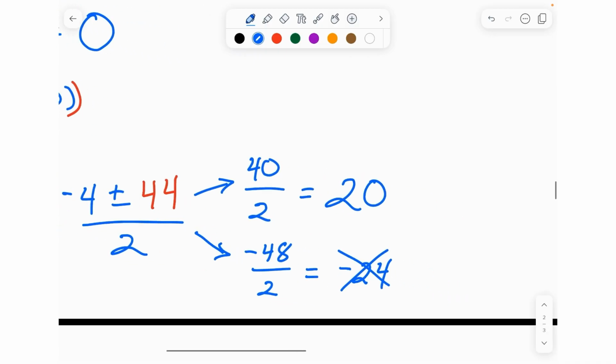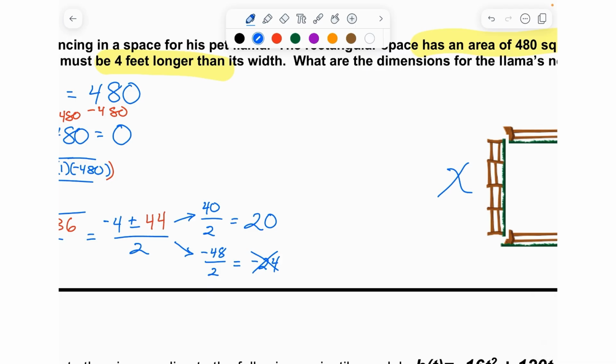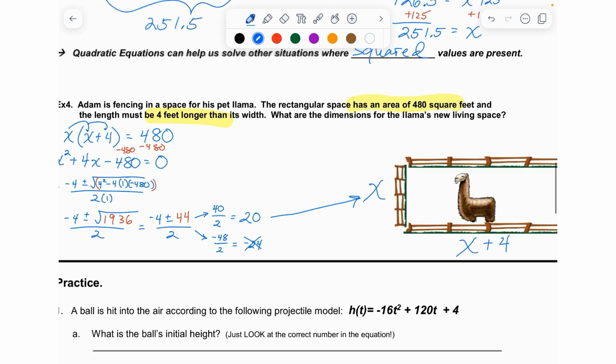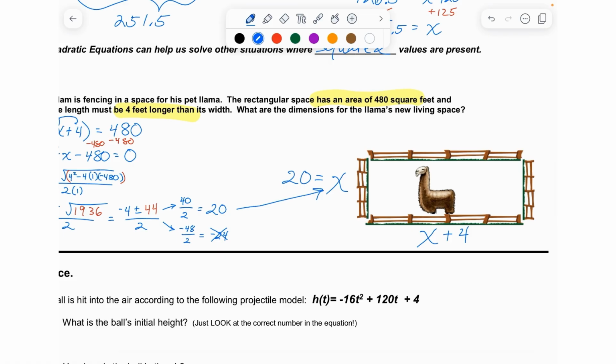How do we know this? Well, remember, what you're really finding right now is not just some random number, but you're actually finding the dimension to this llama pen. So only the positive 20 is going to make sense for x, but the other dimension is 4 feet longer, so that would, of course, have to be 24.